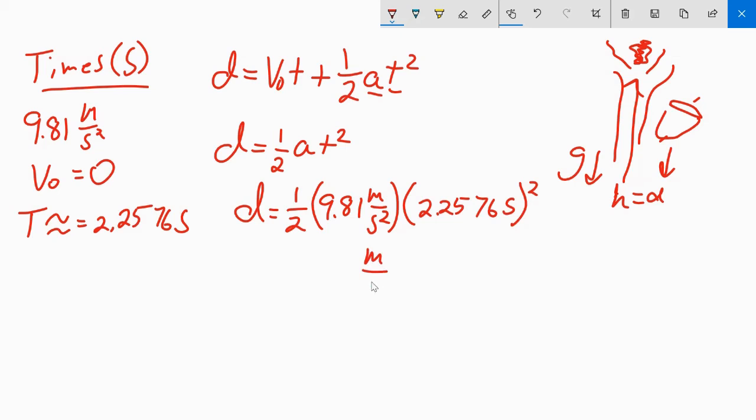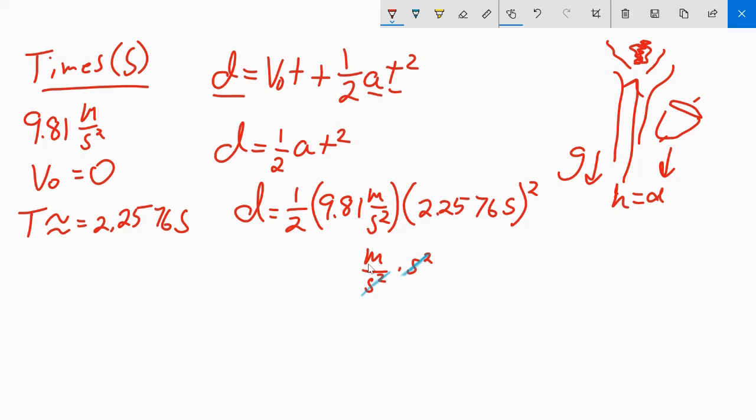We're going to have meters per second squared times seconds squared. And that means that the seconds squared are going to cancel each other out, leaving us with an answer in meters. Now, is an answer in meters what we want? We're trying to find distance. That should make sense.